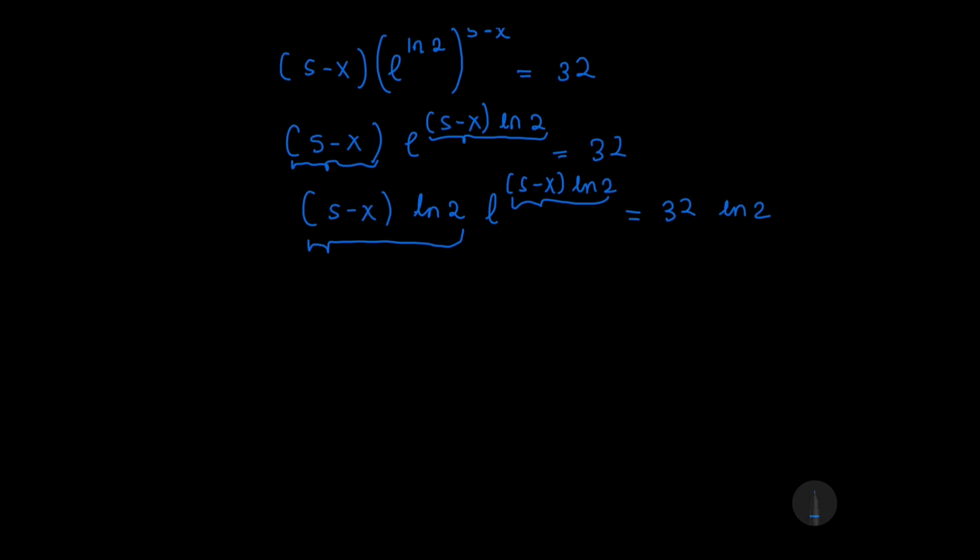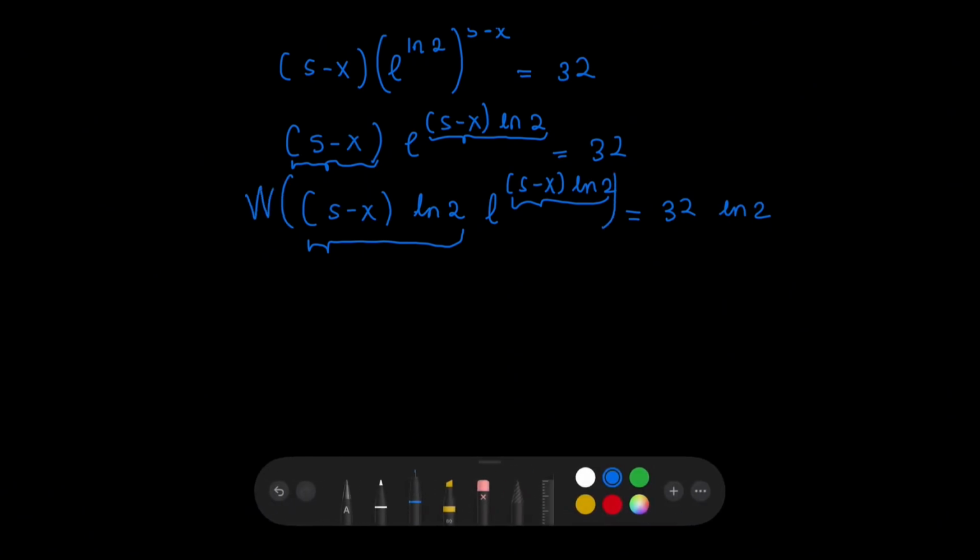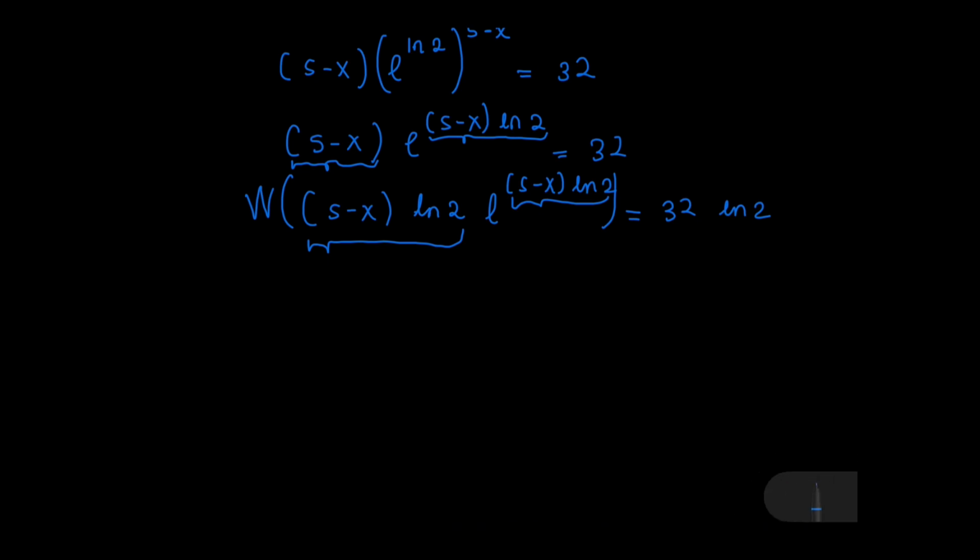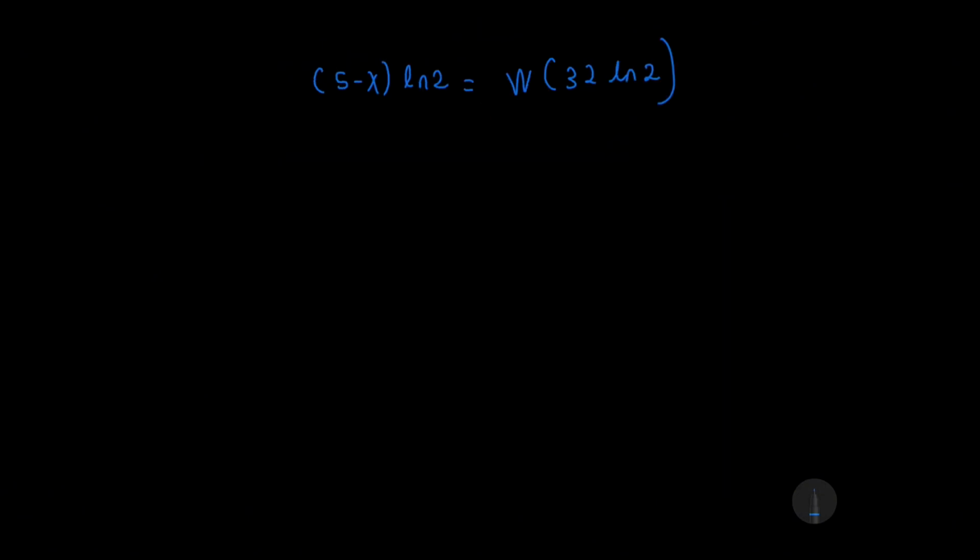If we apply the Lambert function, on the left hand side we keep the exponent or the base, which is (5 minus x) ln 2. From here, in order to find x, we have to divide both sides of our equation by ln 2.